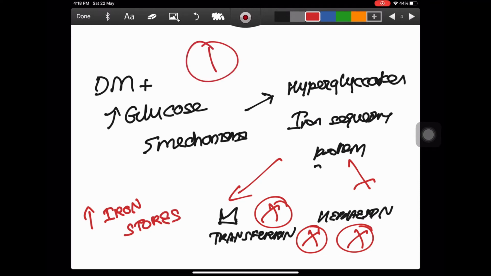So mechanism number 1: there is an increase in iron stores that is available to the fungi. I'm going to discuss this in detail when I discuss iron, but just remember that there are increased iron stores for the fungi. Since I started the iron part, let's just finish the iron part right now.